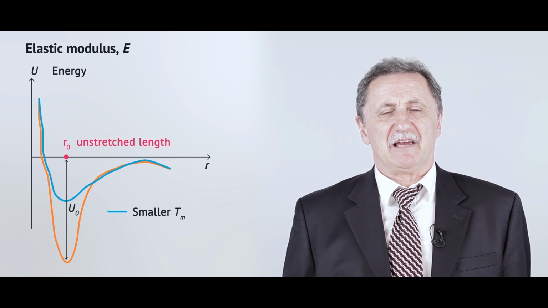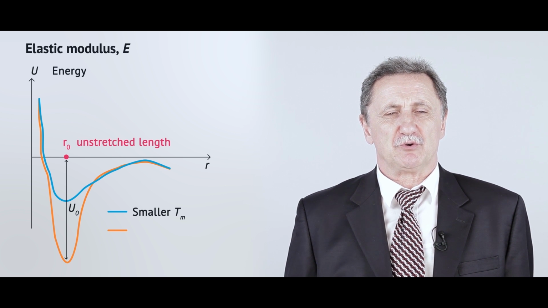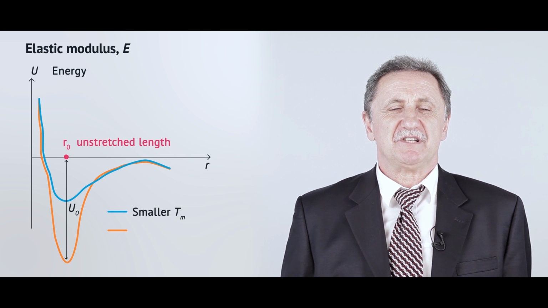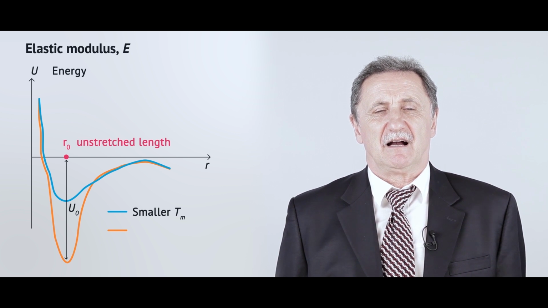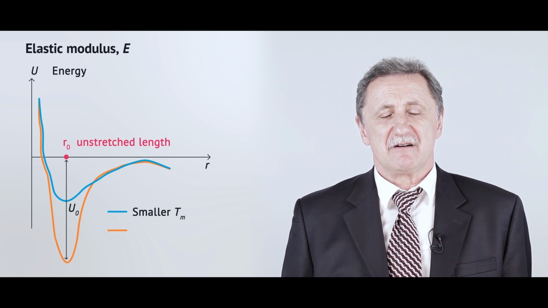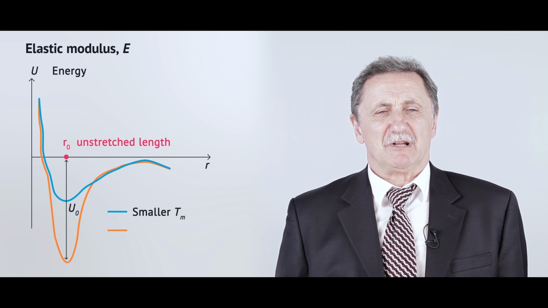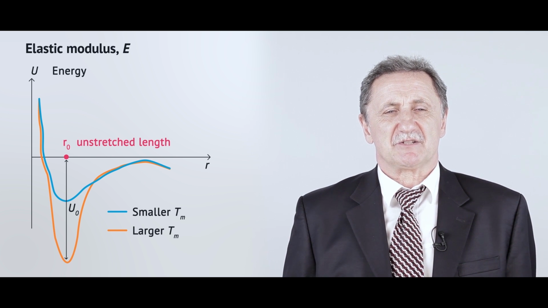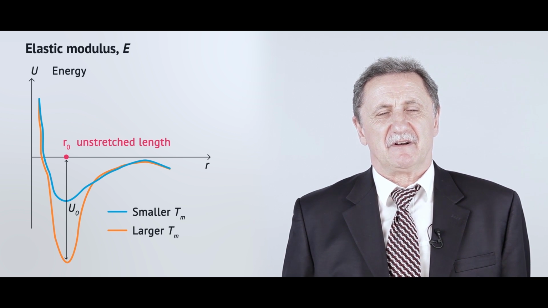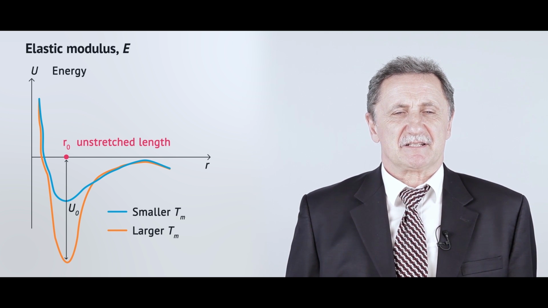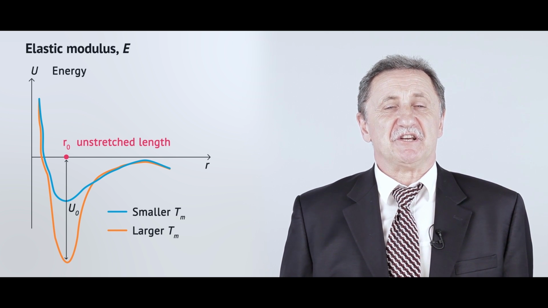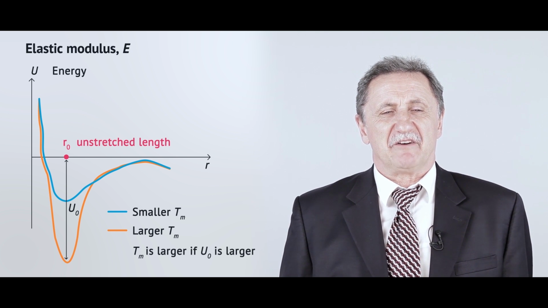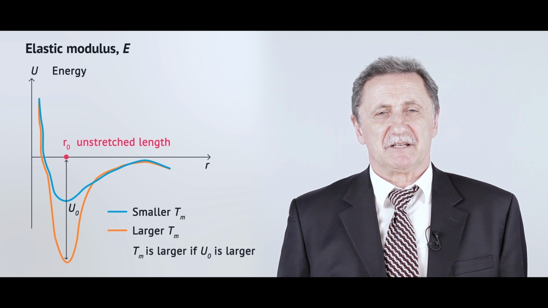Then of course having higher U0, having higher bonding energy, it's much more difficult to make the crystal vibrate with the higher frequency. So bottom line is, without any additional detailed analysis, we can conclude that if the atomic potential has the larger, deeper energy, then we have a material with the highest melting point.